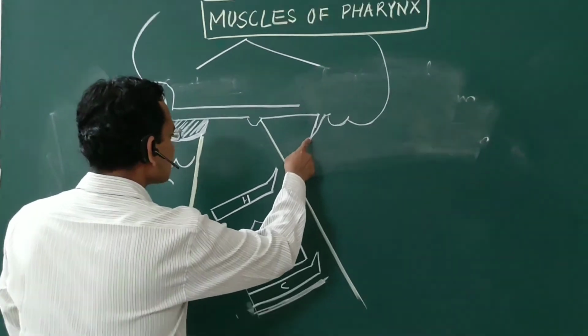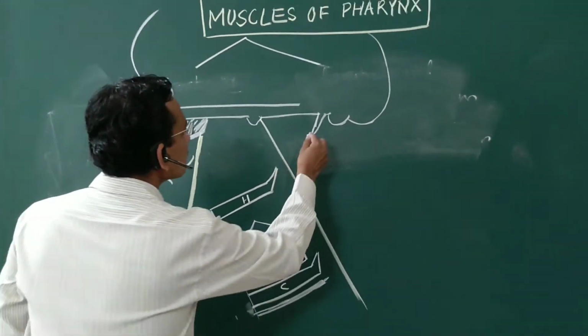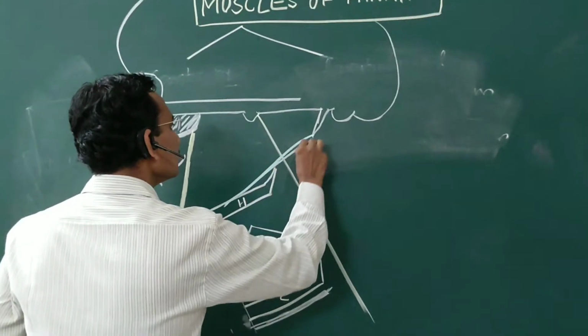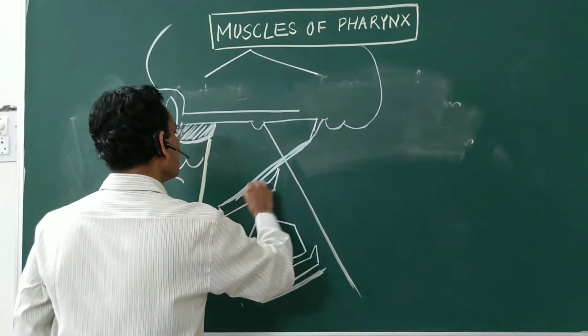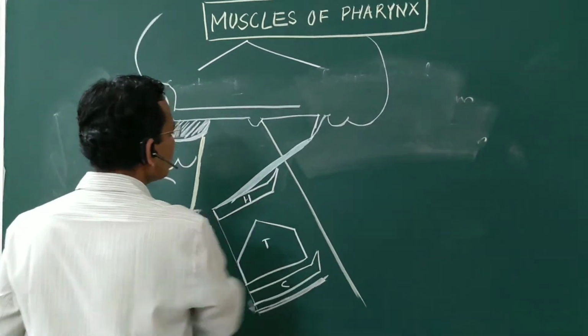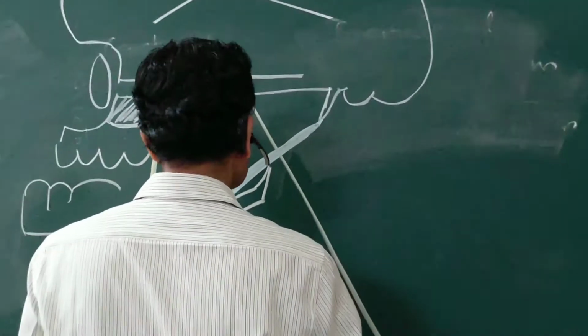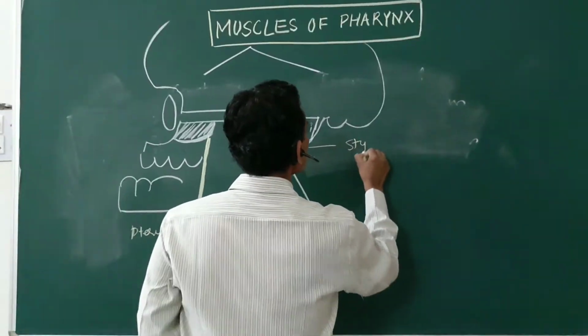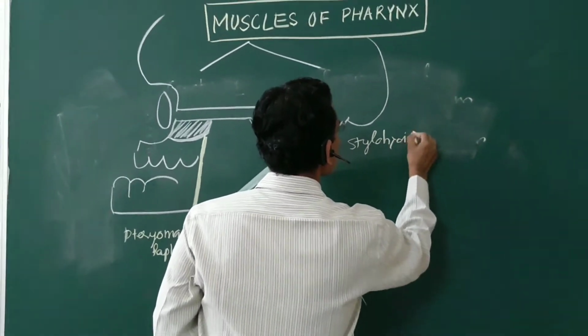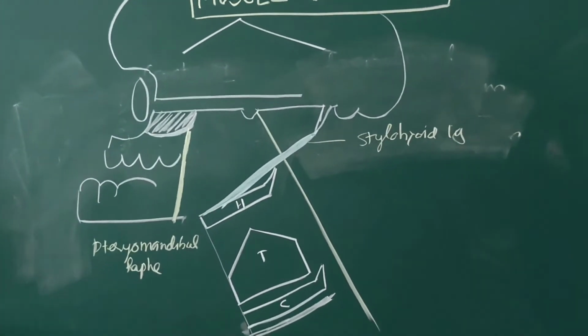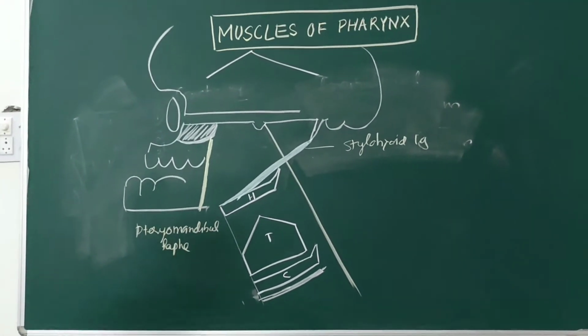This is the styloid process, and from the styloid process there is a ligament called the stylohyoid ligament. Let's label it: stylohyoid ligament.